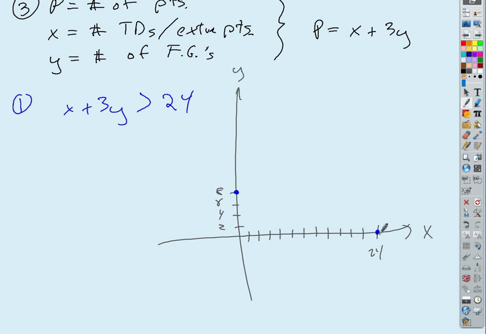So there's my 2 points. Should my boundary line be dashed or solid? Dashed, okay? So I'm going to make a dashed line here that's going to connect these. And I want you to talk to me about, do you like that?